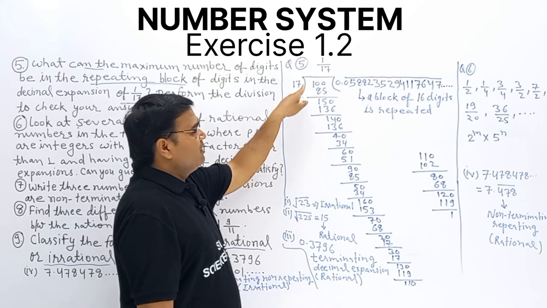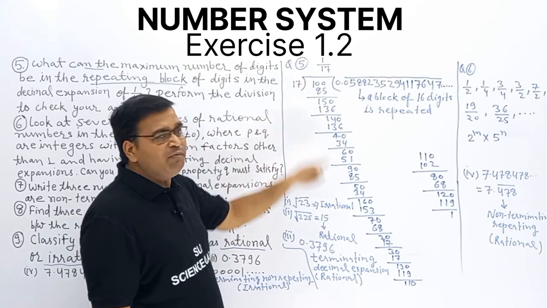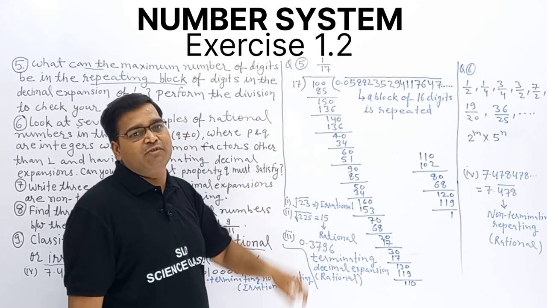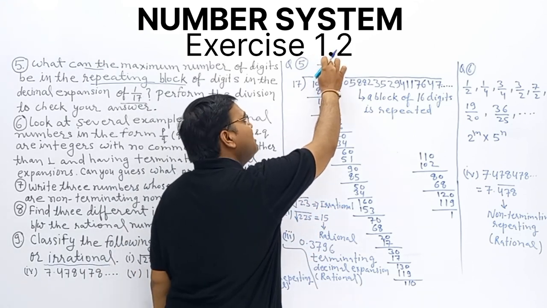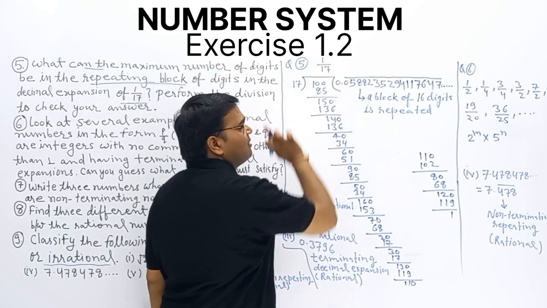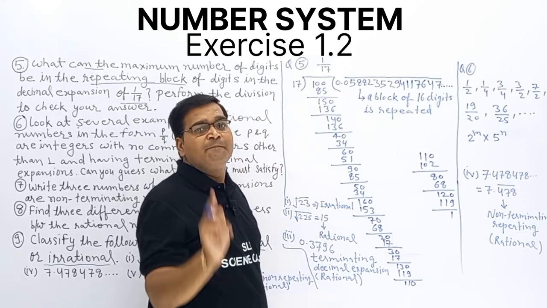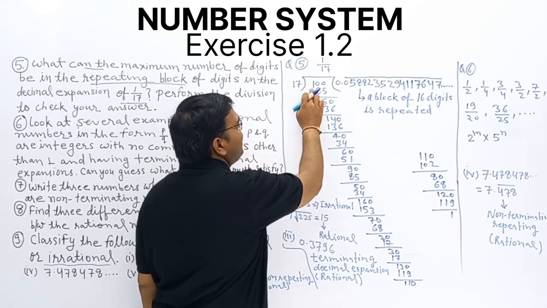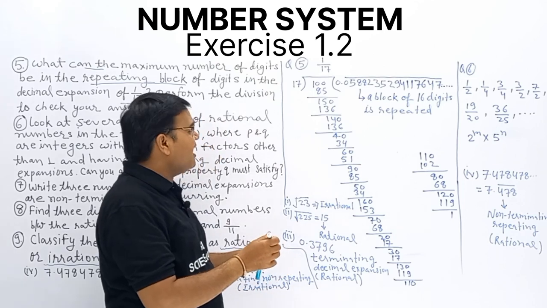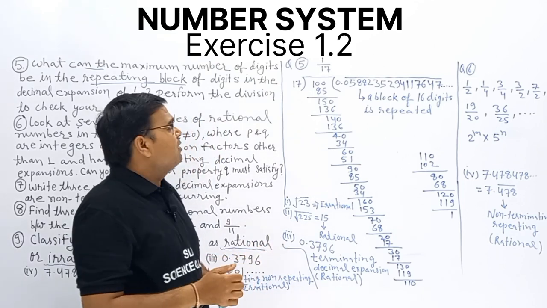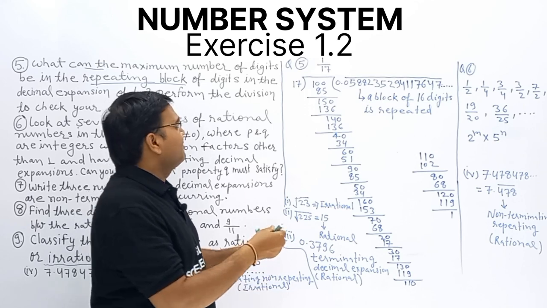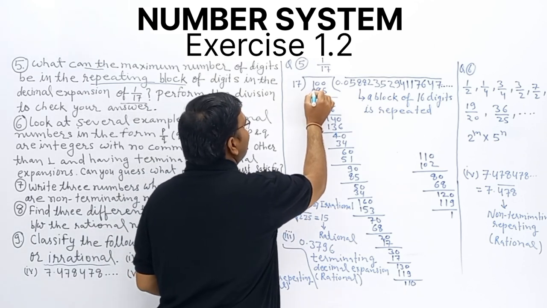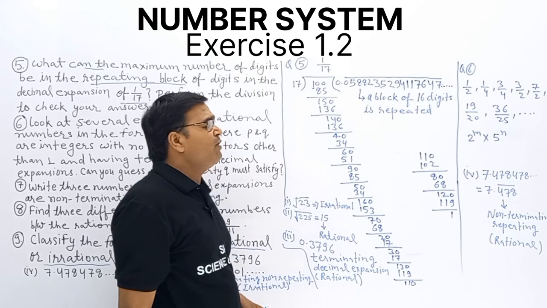We will use the long division method. 1 is the numerator, and the numerator is the dividend; this is the denominator, and the denominator is the divisor. We are dividing 1 by 17. This 1 is smaller than 17, so we cannot divide.